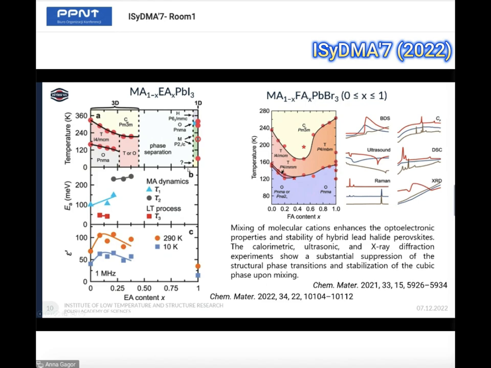It crystallizes in the chain structure. However, it is possible to introduce quite a large amount of this molecule into the methylamine perovskite structure and to suppress the phase transition temperature from the cubic to the tetragonal phase, which is present here.